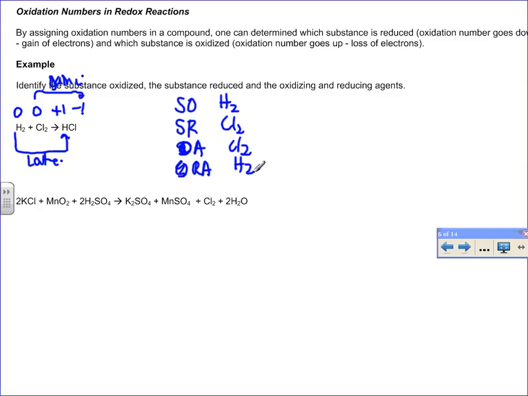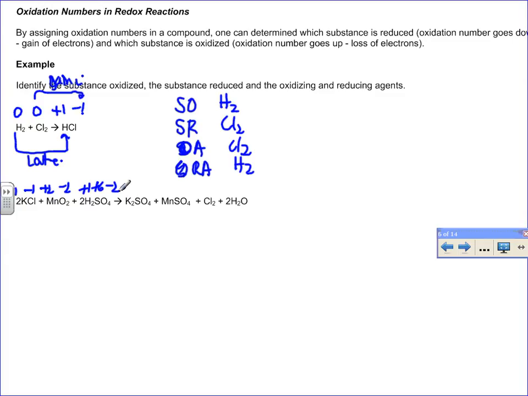Now, this is a more complicated reaction, but it doesn't mean we can't identify what's been oxidized and reduced. What we need to do is go through systematically and determine every single oxidation state of each element in every single compound.